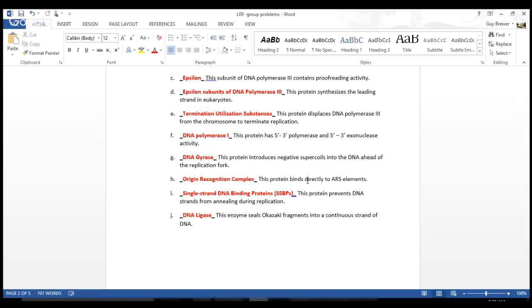It's also called topoisomerase, topoisomerase type 2. The origin recognition complex is the protein that binds directly to the ARS elements. Single-strand DNA binding proteins. This protein protects DNA strands from reannealing during replication. And DNA ligase is the enzyme that seals Okazaki fragments into a continuous strand of DNA.